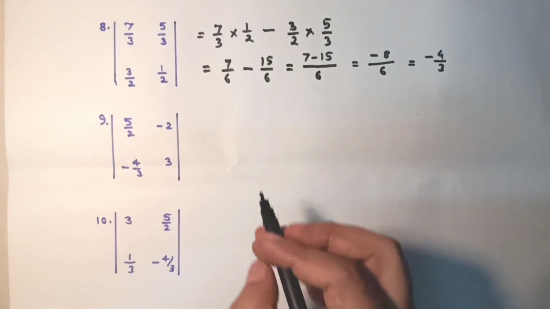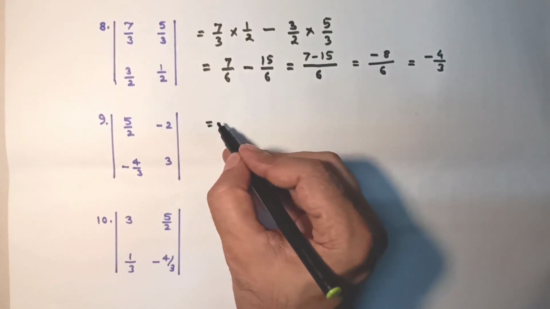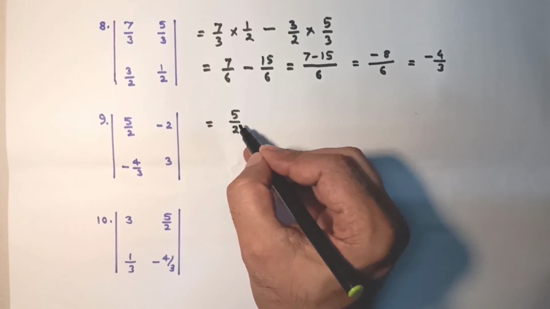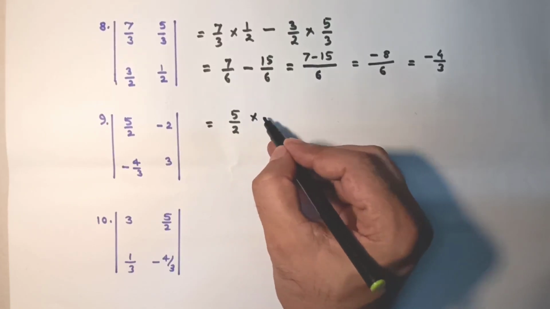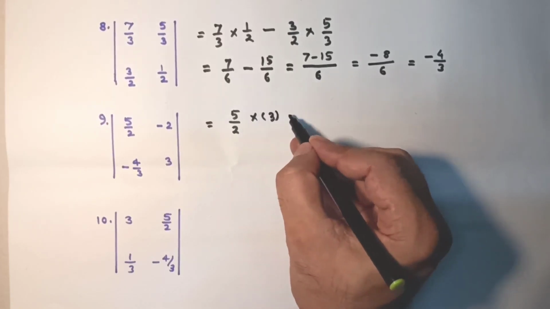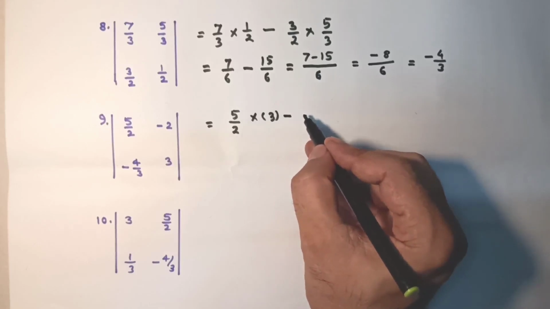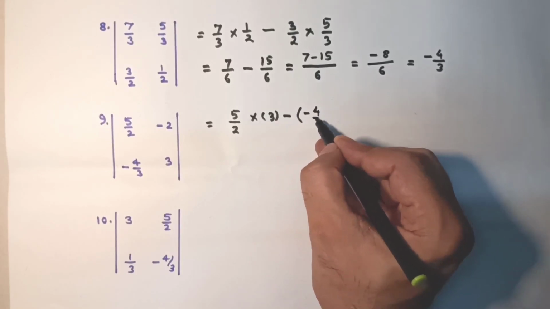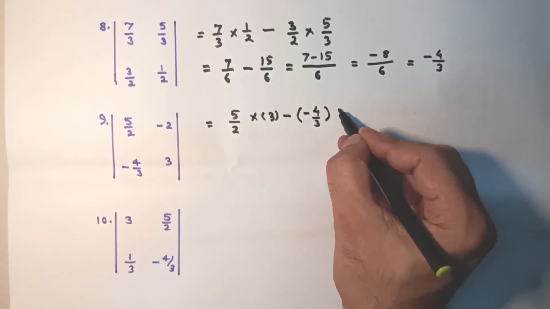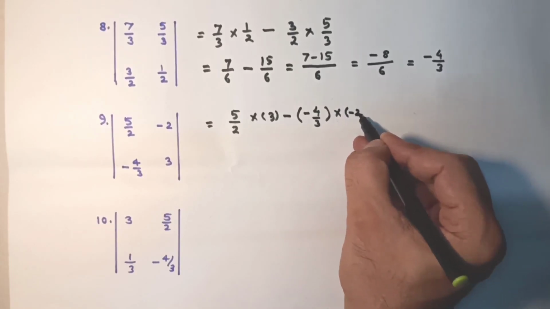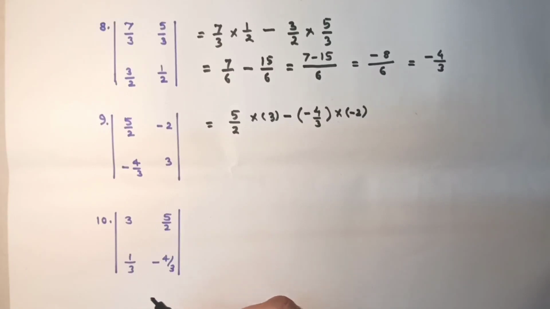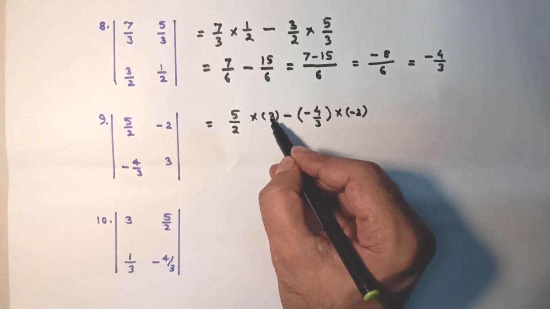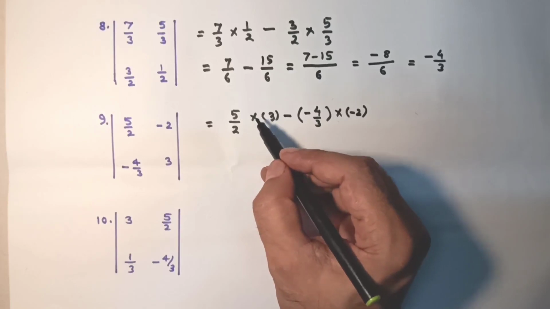Let's go for the next question. Here same way, 5 upon 2 into 3 minus 4 upon 3 into minus 2. Now when you multiply 3 and 5 and 3, you get 15.